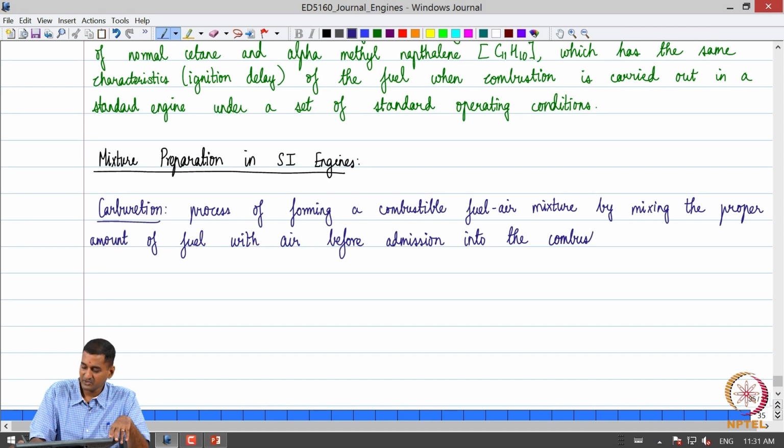So, that is what is called the process of carburation.